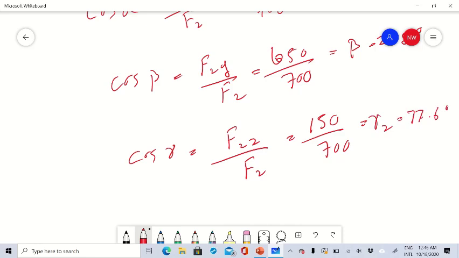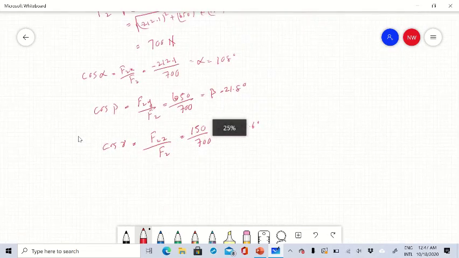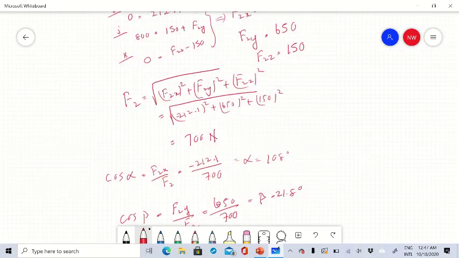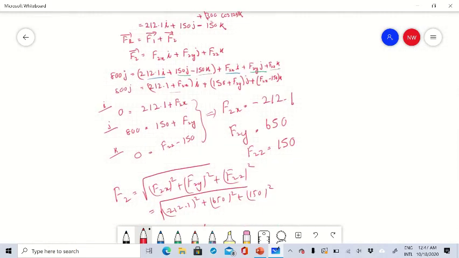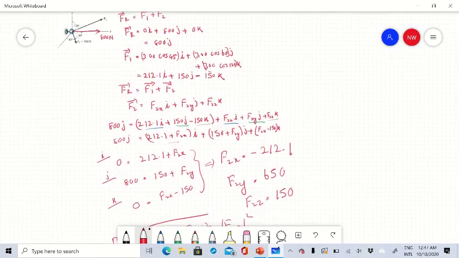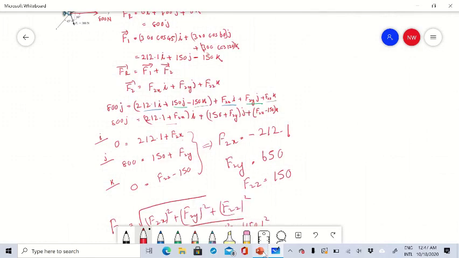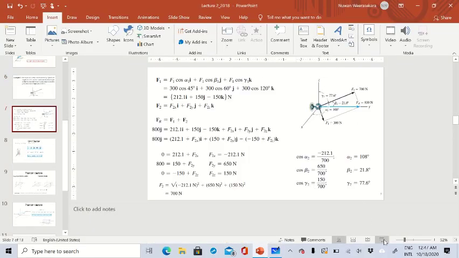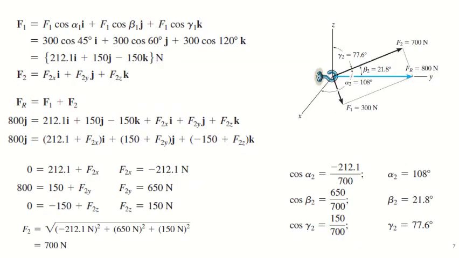So likewise you can find any force in the xyz space, right? So here I have put the solution of this example, so you can follow this, right?